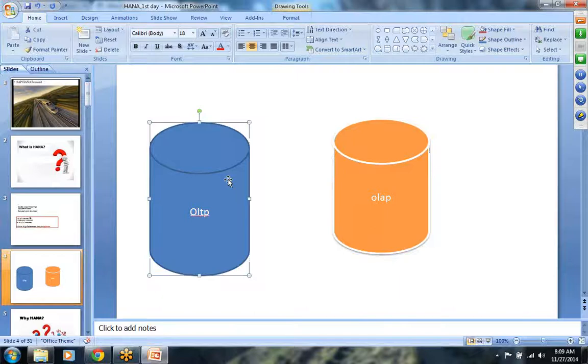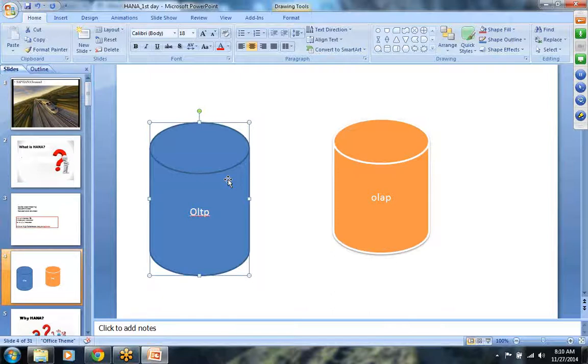So I was telling you about the example of Big Bazaar. Here the OLTP system stores everyday sales transaction data. Suppose in Big Bazaar, every day around 1 lakh articles will be sold, and these sales data are moved from the OLTP system into the OLAP system.